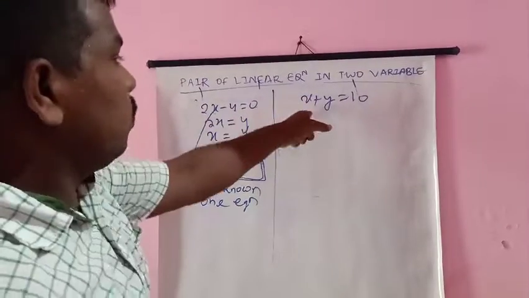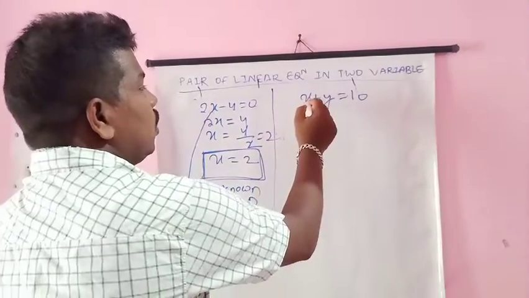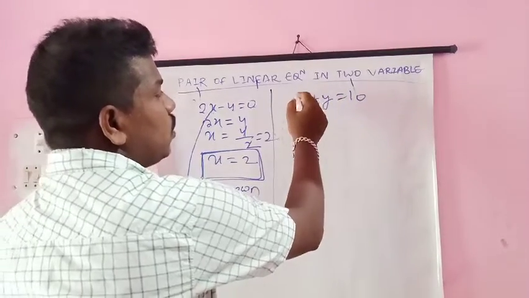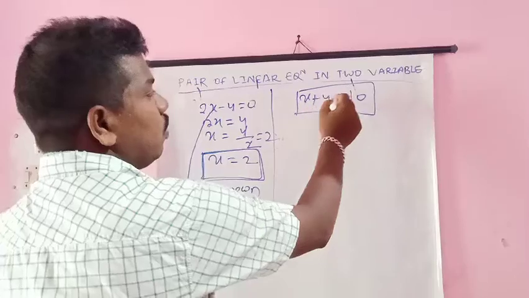But in x plus y equal to 10, it contains two variables, x and y, and only one equation.